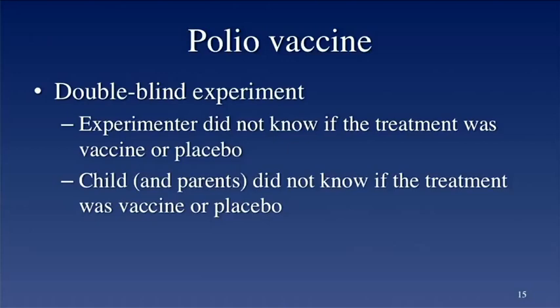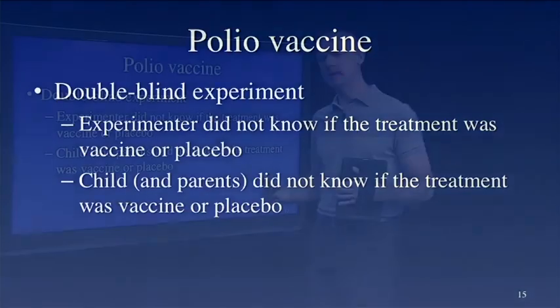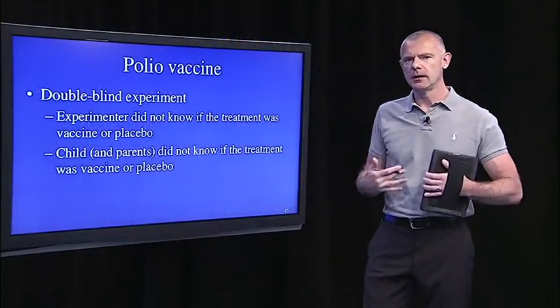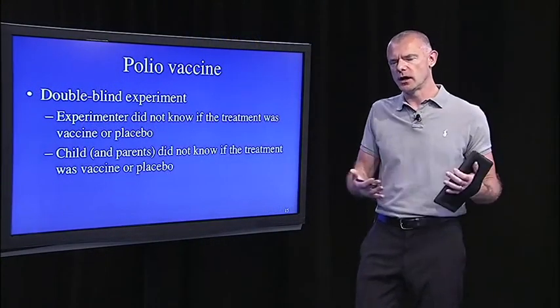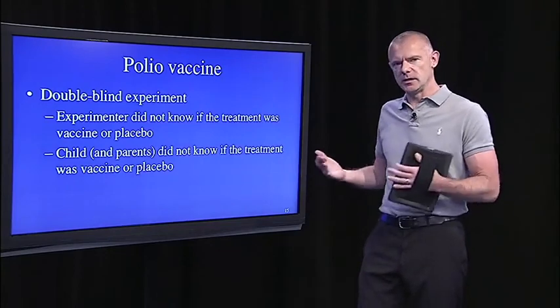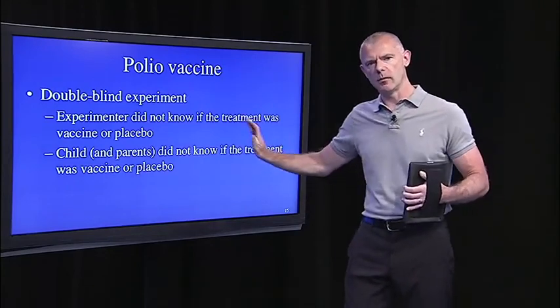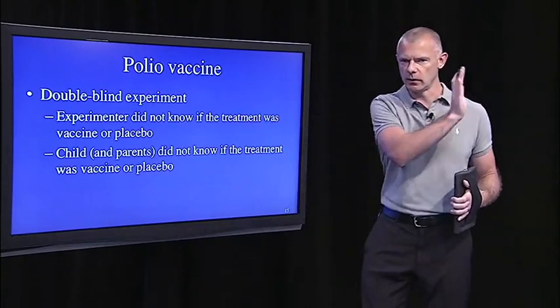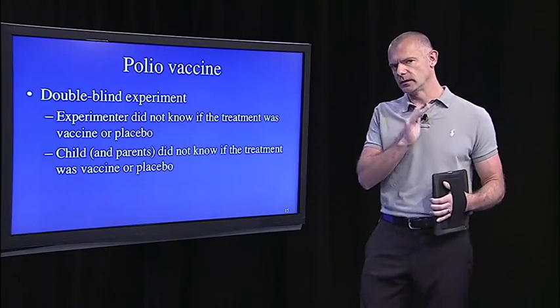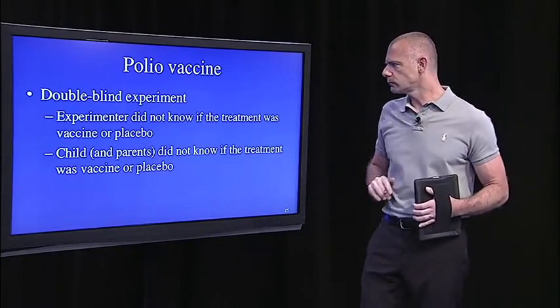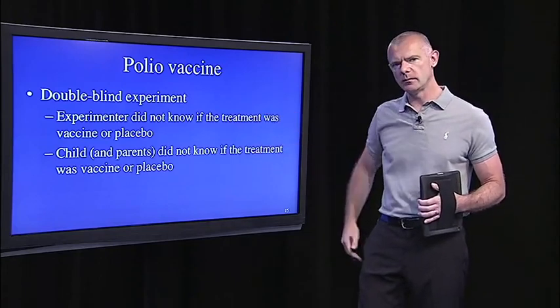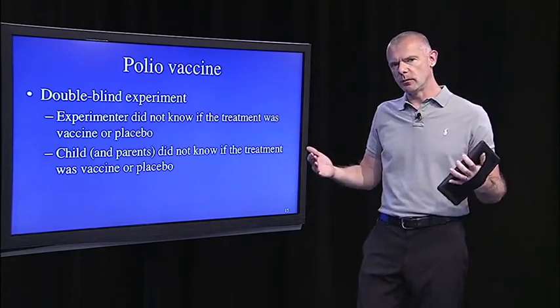And the child and the parents who consented to allowing their children to participate in these clinical trials didn't know if the child was getting the vaccine or not. There were some cases in the Salk vaccine trials where they did know. But the one I'm describing here was double-blind.